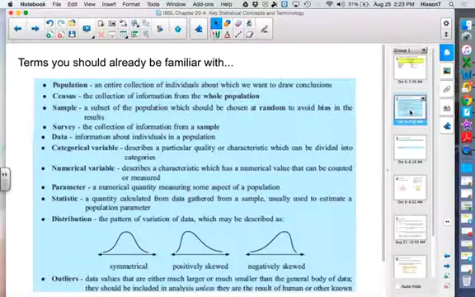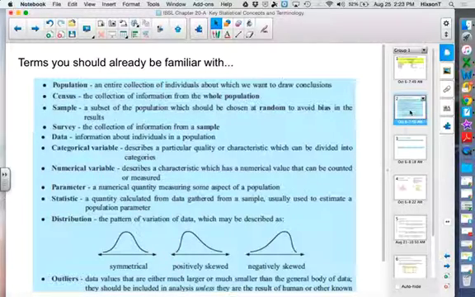All right? The reason why we do statistics is so that we can draw some kind of a conclusion about the population. If we're studying the student body here at school, the student body would be our population.